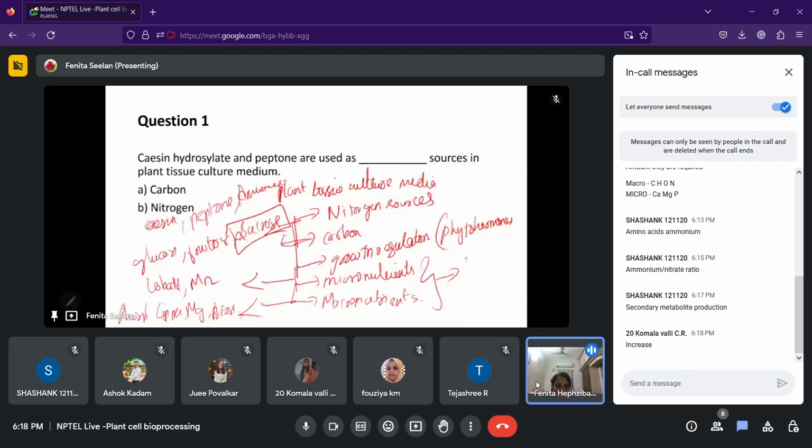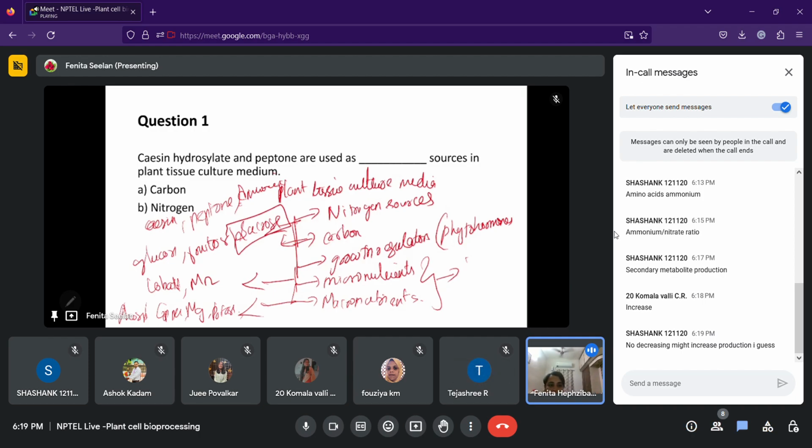Anybody think Komala's answer is correct? So we are talking about the ammonium to nitrate ratio. Decreasing the ammonium to nitrate ratio might increase production, I guess. Okay, both contradicting answers are there.